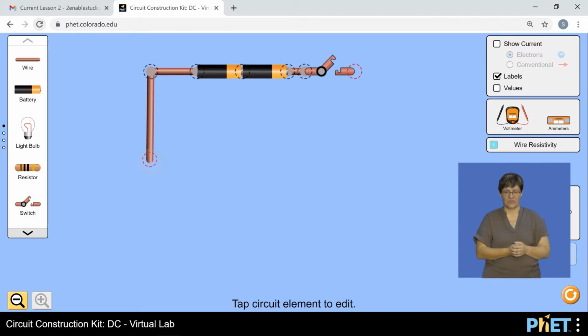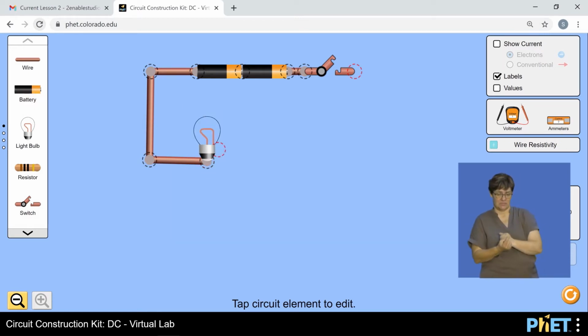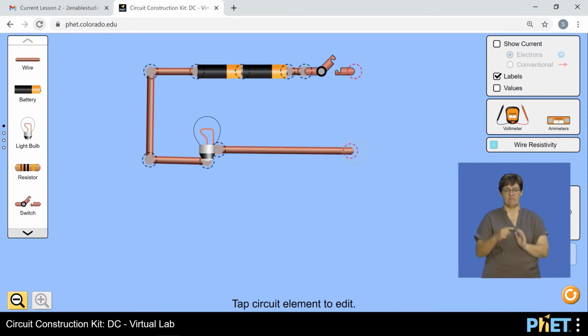And then we can have another one, okay? And then we can also have a light bulb, okay, just to show the energy transformation that takes place. There is our light bulb, and then we will complete the circuit by connecting another piece of conductor.